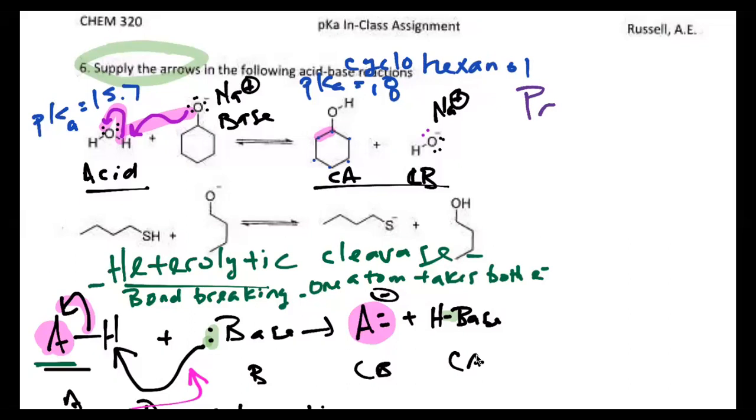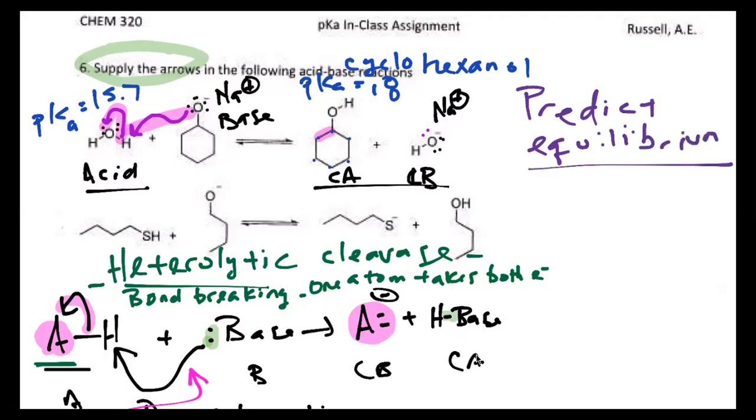And that means that the pKa should be what, lower or higher? Low pKa means that something is a better acid. So of those two, which one has the lowest pKa? The water. It's 15.7, right? So water is a better acid than cyclohexanol. You following? So the lower the pKa, the better the acid.